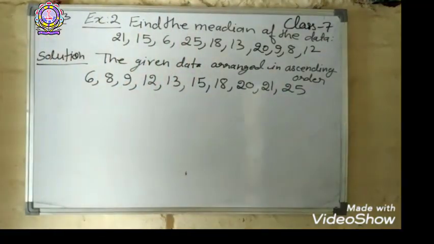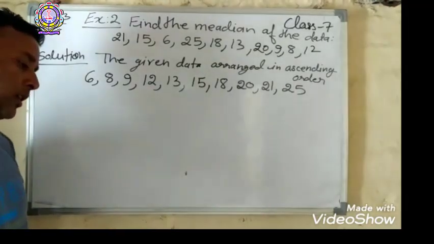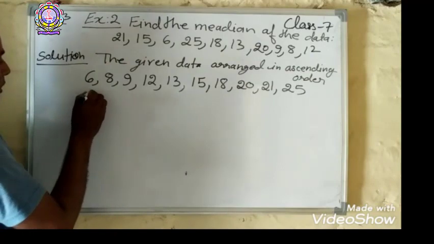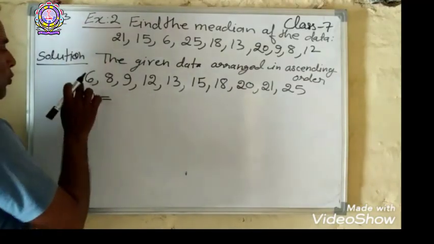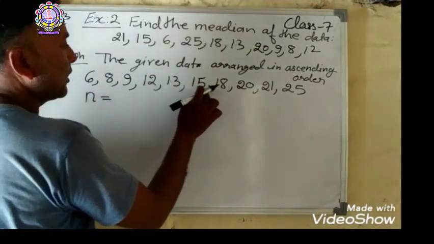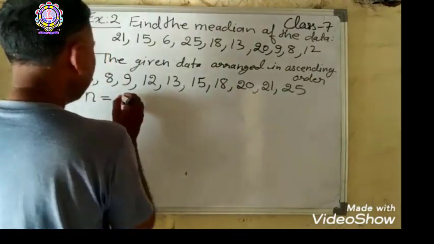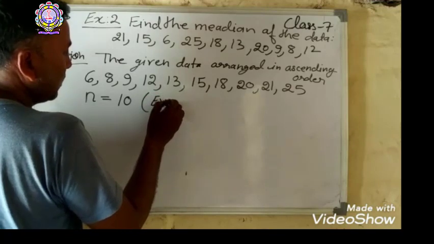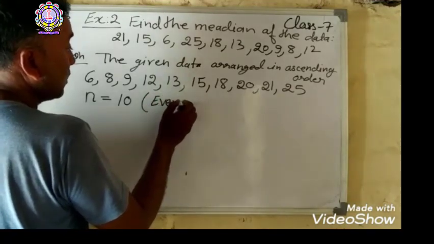Since the data consists of 10 observations, n is equal to 10. Count: 1, 2, 3, 4, 5, 6, 7, 8, 9, 10. And 10 is even.